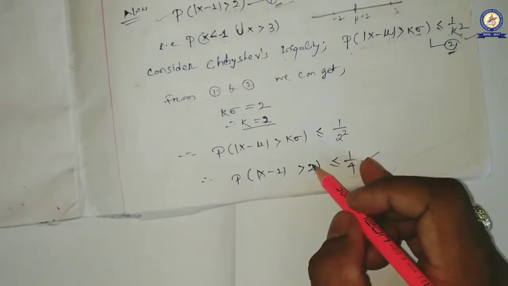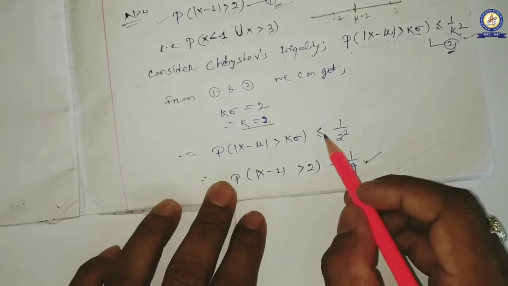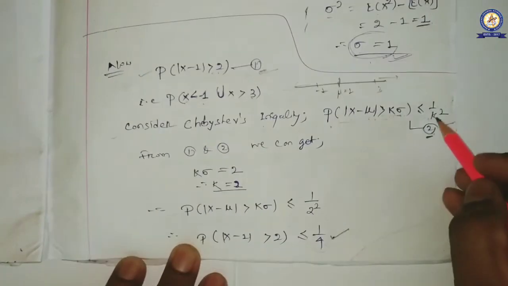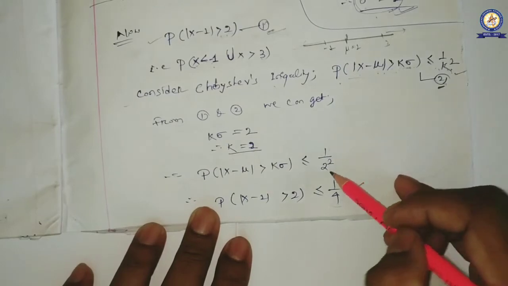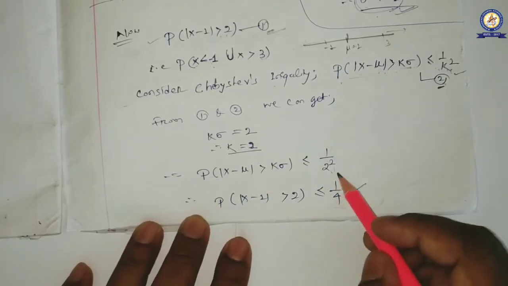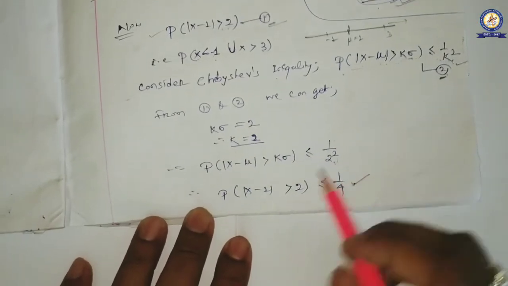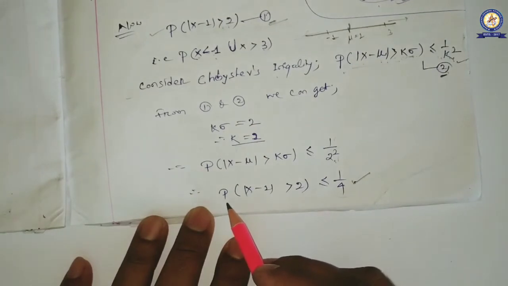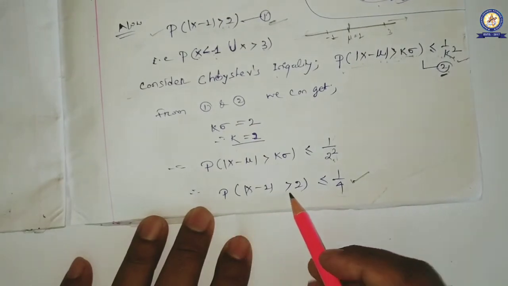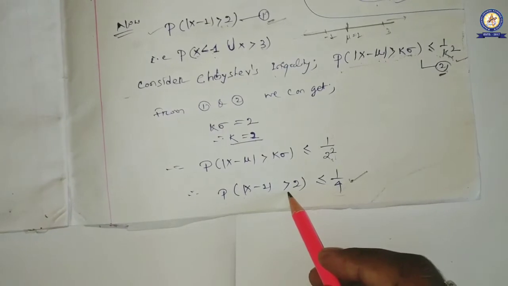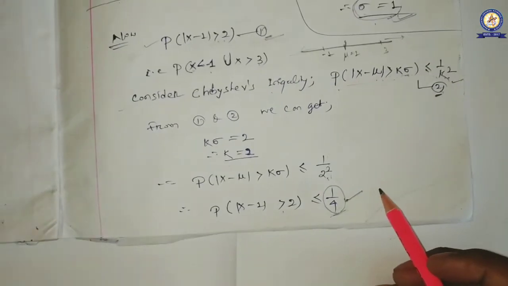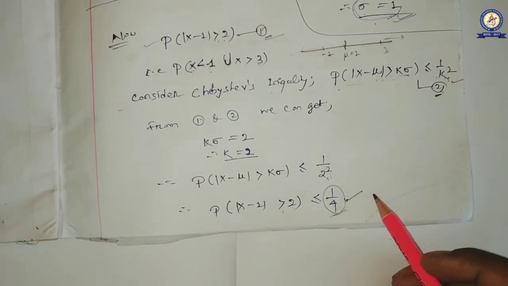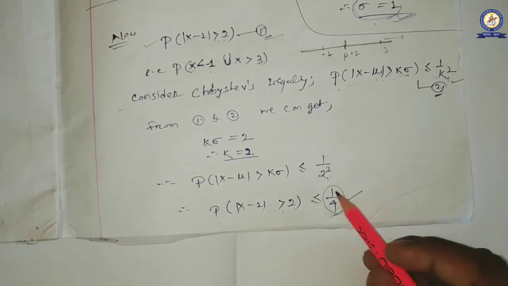So here k equal to 2 means we get 1 by 2 square, which is 1 by 4. Hence we found the probability of mod x minus 1 greater than 2 is less than or equal to 1 by 4. It is an approximate value, not an exact value. So we found 1 by 4.